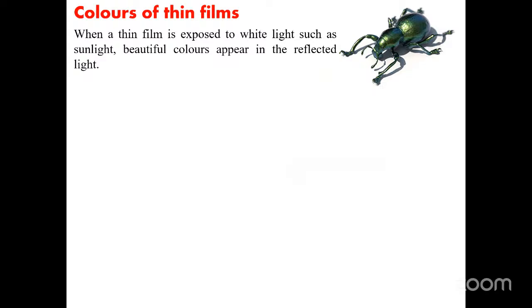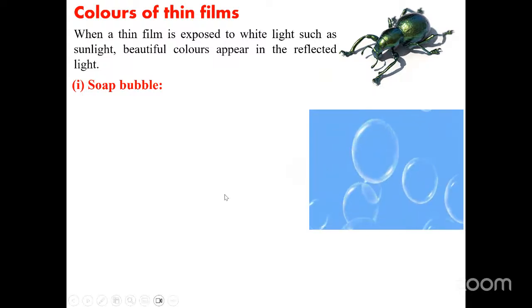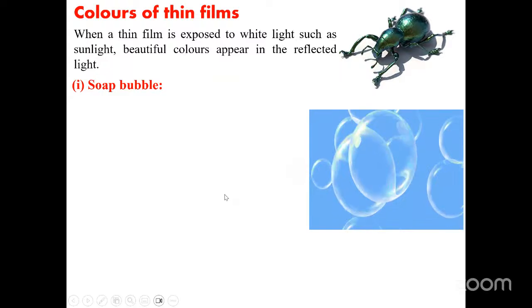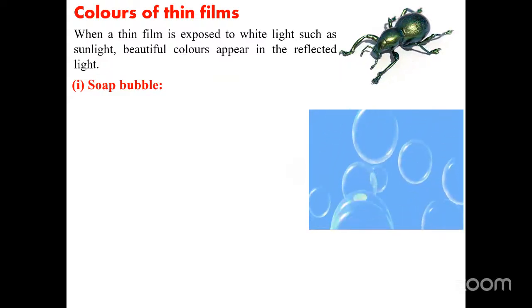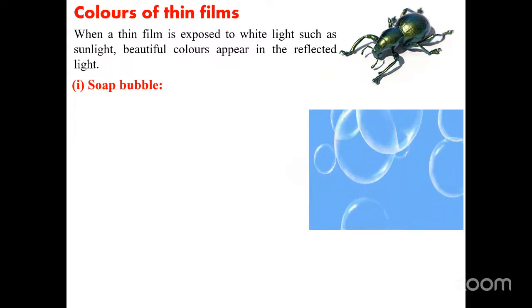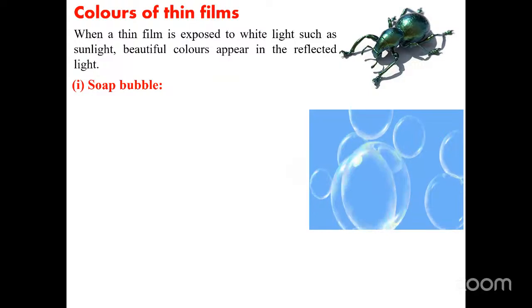So you need to understand this with examples. Soap bubbles. These are the soap bubbles; you can see here. Daily we observe these soap bubbles, and there we observe so many different colors.